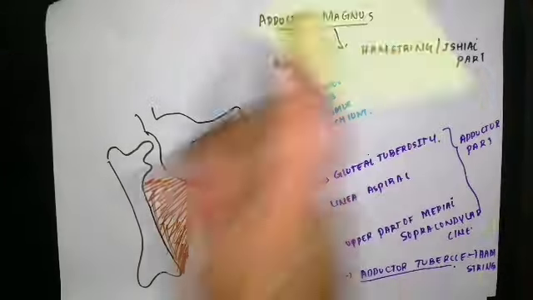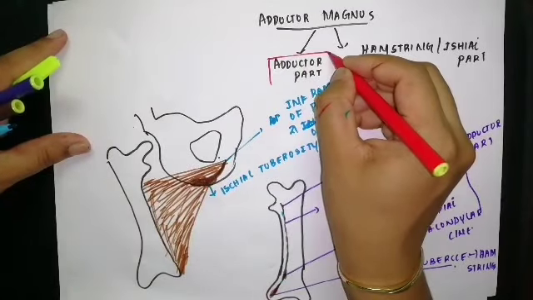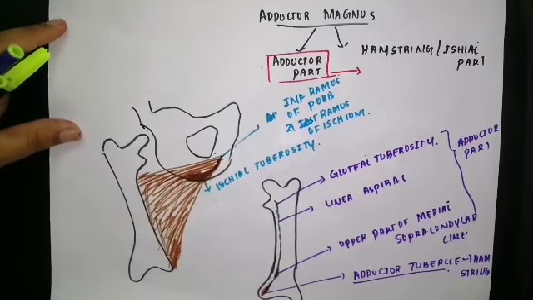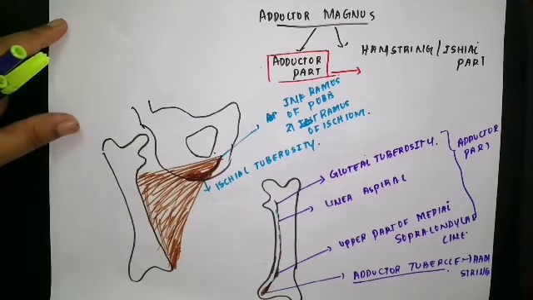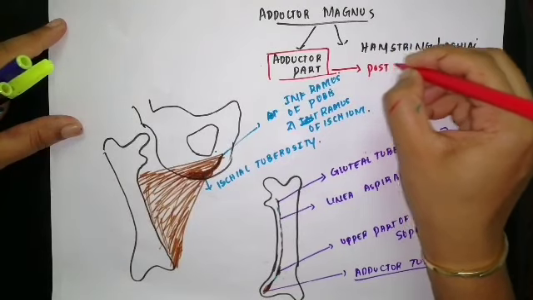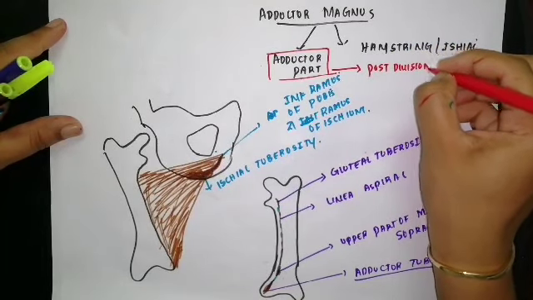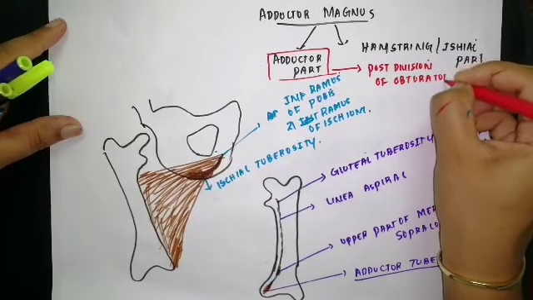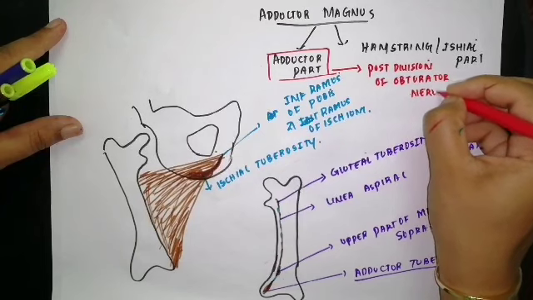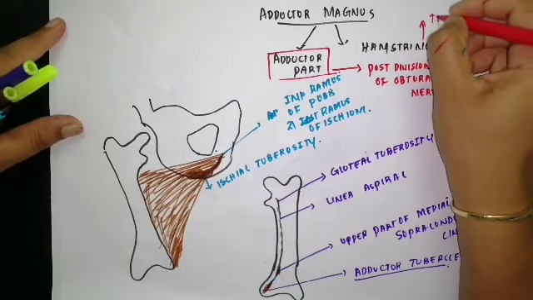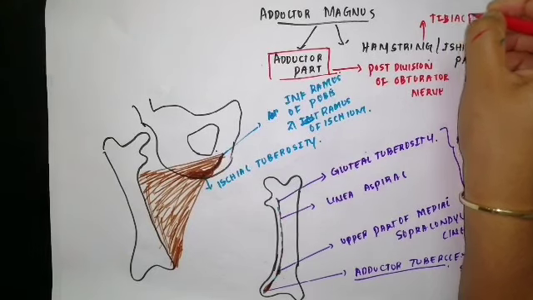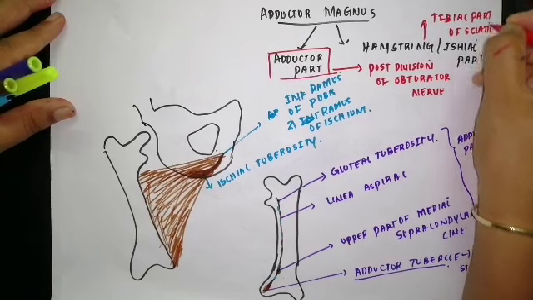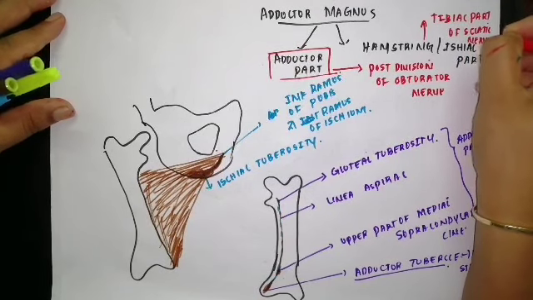The adductor part is a posterior muscle in the adductor compartment, so it is supplied by the posterior division of obturator nerve. The hamstring part is supplied by the tibial part of the sciatic nerve. So it is a hybrid muscle as it has dual nerve supply.